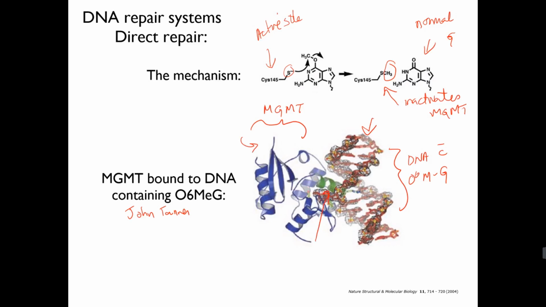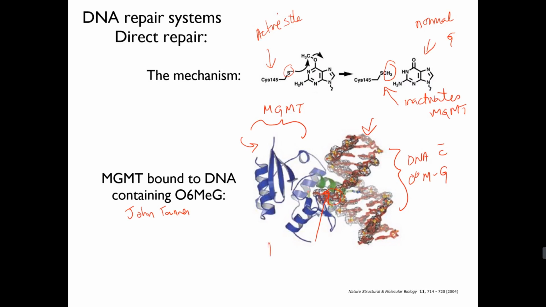But there's an arginine residue here that is actually poking into the DNA double helix from the minor groove side. And the result of this amino acid sticking into the helix is that the damaged base, which is seen here, is rotated from its normal base paired position within the helix, such that now it's extra helical.